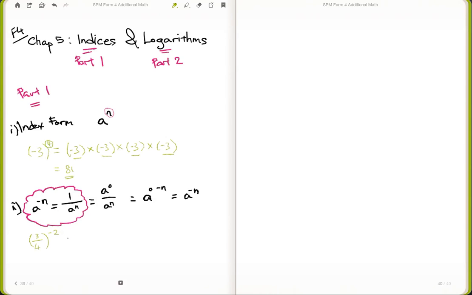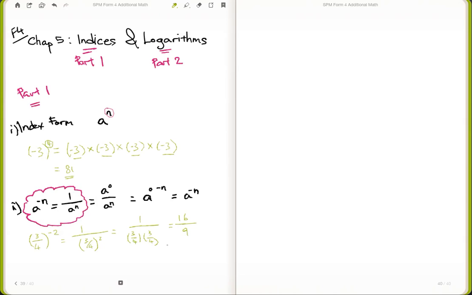The answer would therefore be equal to, when it's negative, 1 over 3 over 4, 2 times, which therefore equals 1 over 3 over 4 times 3 over 4. And if you put it in a calculator, you invert it, and it turns out to be 16 over 9. This should be the answer.